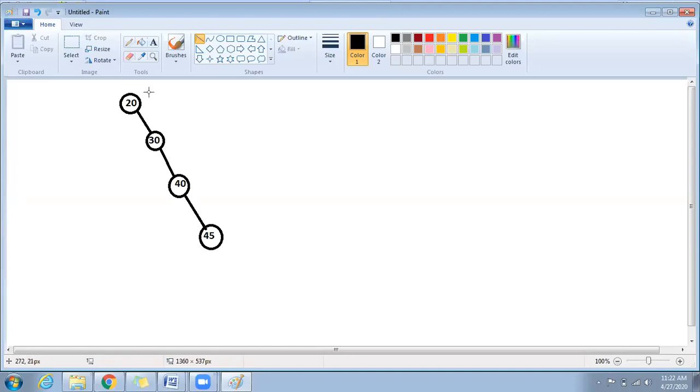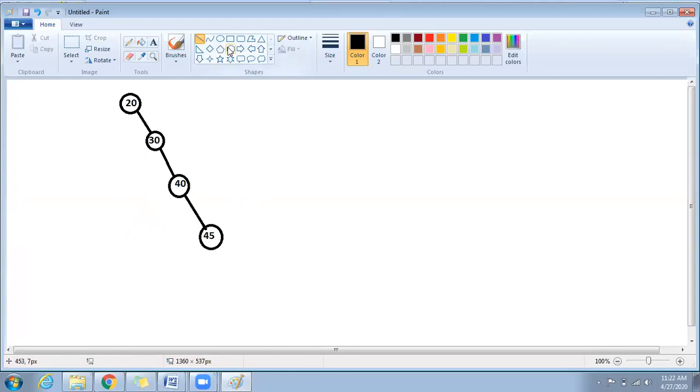Here, how many left nodes does it have? 0. Right side? 1. For this node, left side? 0. Right side? 1. For 40, left side? 0. Right side? 1. It is a binary tree, right?